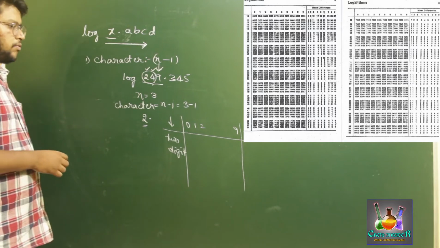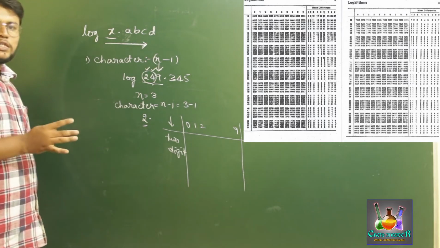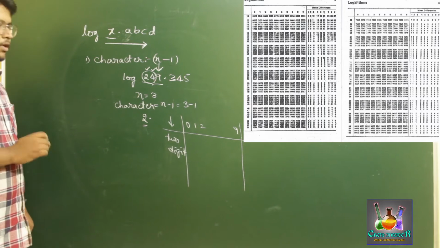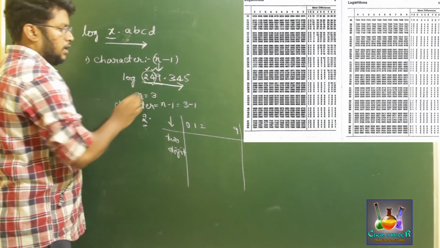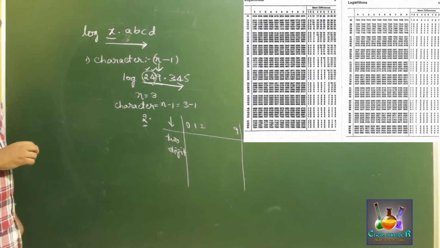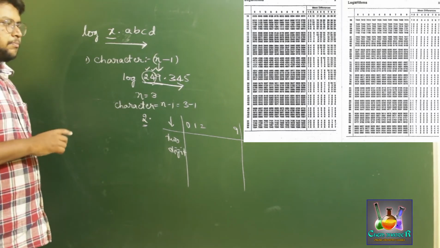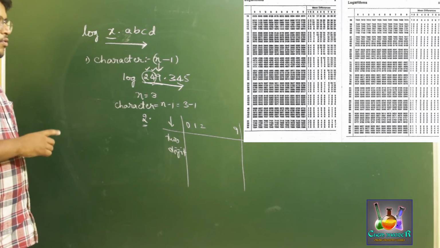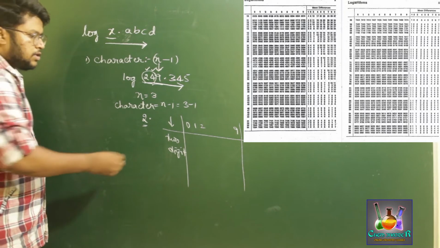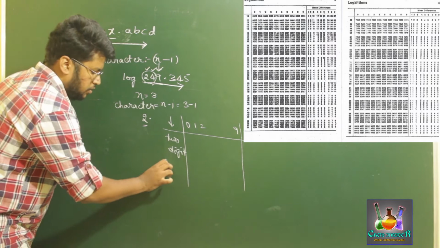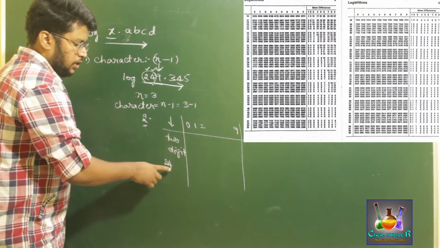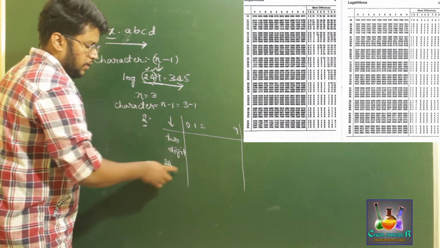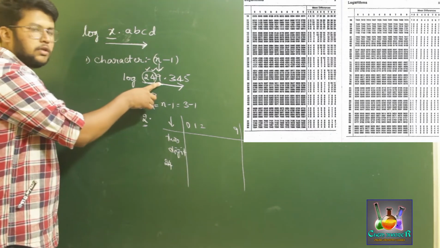Now we need to take the first 4 digits of the number. The first 4 digits of 249.345 are 2493. So we check 24 in the first column, and in the second column we verify the value of 24 under the number 9.